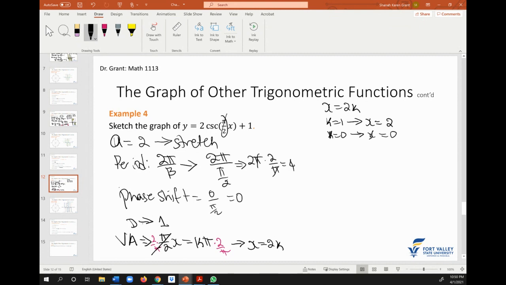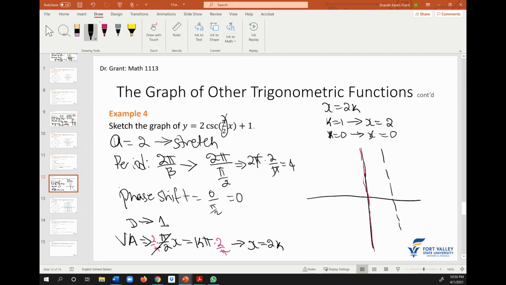Let's just use these. So 0 is an asymptote, and 2. Well, let's put in negative 1. Let's do the other side.